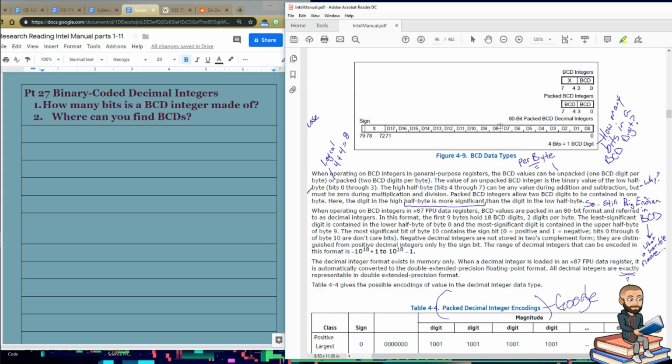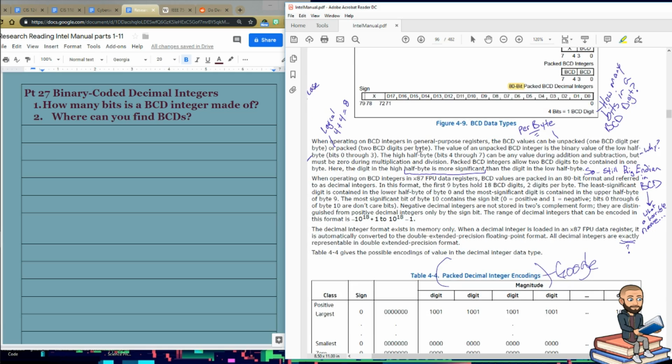But I do like that they go down here and go with 80 bits at a time to show us that we're still at 4 bits for one digit, and if we have 80 bits here, we can have a really large number. Well, relatively speaking, that is. It's actually a smaller number than we could demonstrate using regular binary, so I'm really lost as to why this would be helpful, but maybe the manual will clue us in here in a little bit.